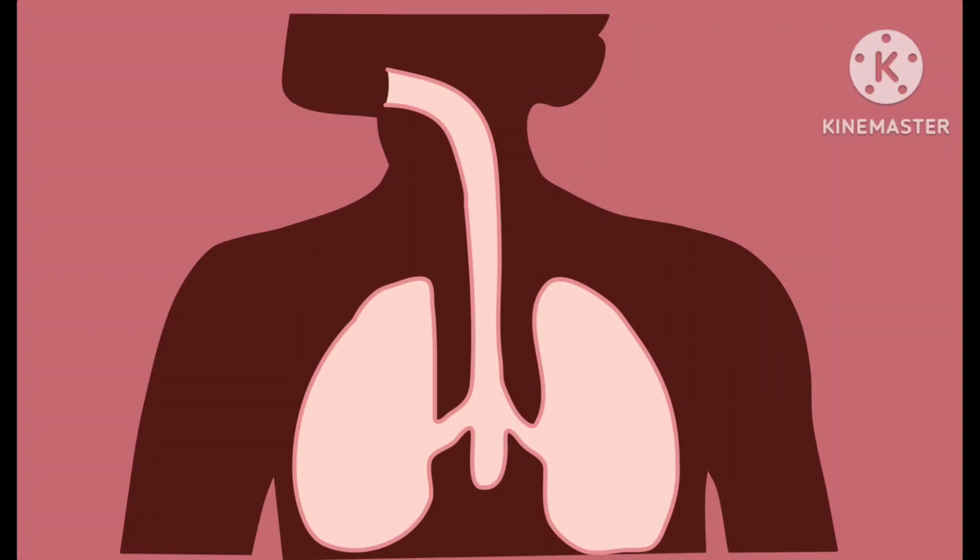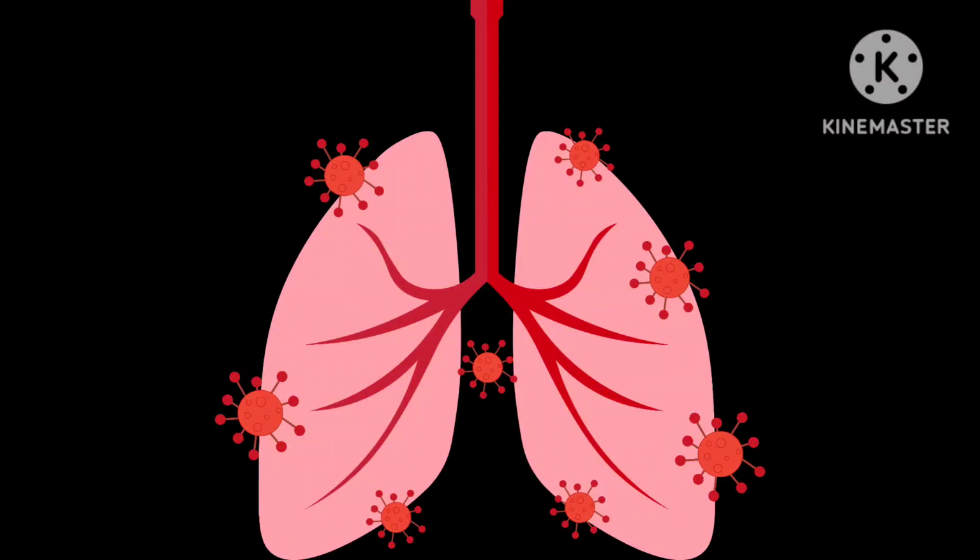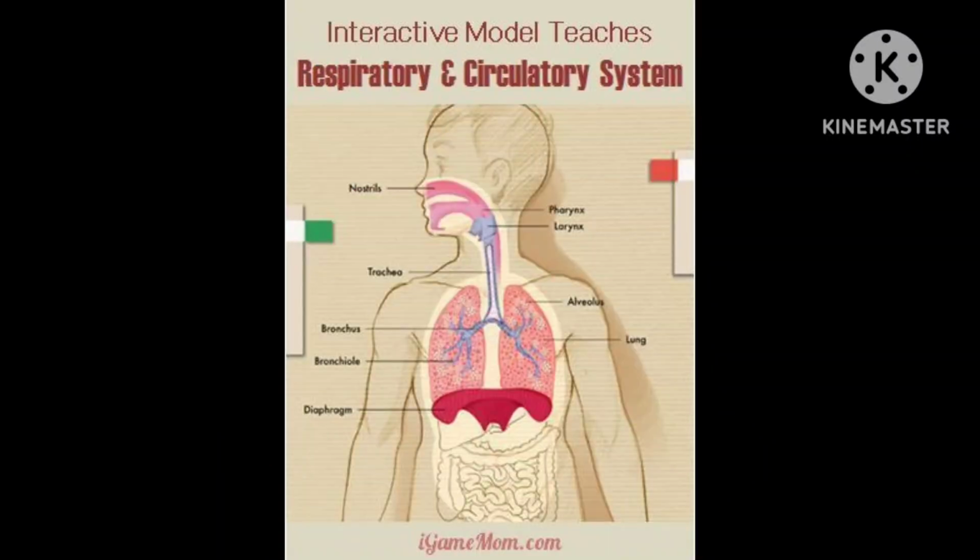Trachea divides into two bronchi which enter the lungs. Inside the lungs, the bronchi further branch into bronchioles. Bronchioles end at tiny thin-walled air sacs called alveoli. Exchange of gases between air and blood takes place at alveoli. Lungs are like a huge sponge as they contain millions of alveoli.